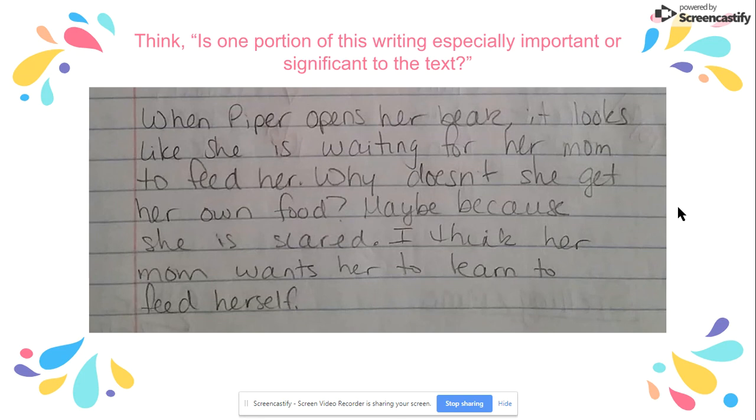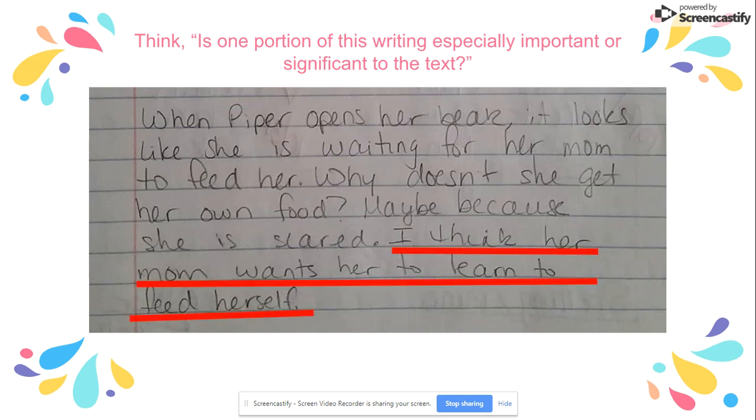When Piper opens her beak, it looks like she's waiting for her mom to feed her. Why doesn't she get her own food? Maybe because she is scared. I think her mom wants her to learn to feed herself. Now, to me, that stuck out as something that might be especially important or significant about not the text in this case, but about the film Piper that we watched.